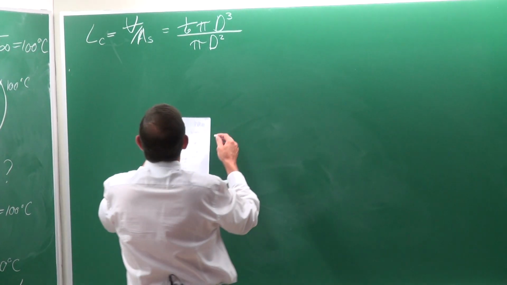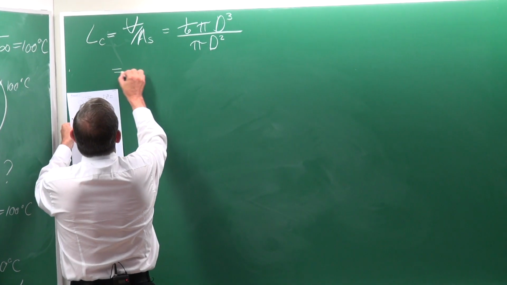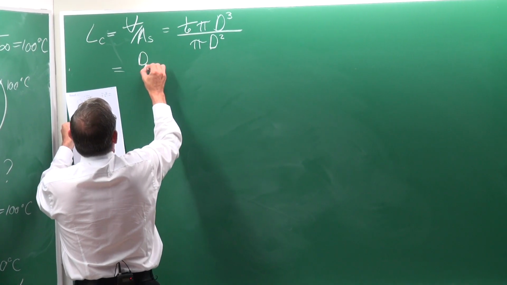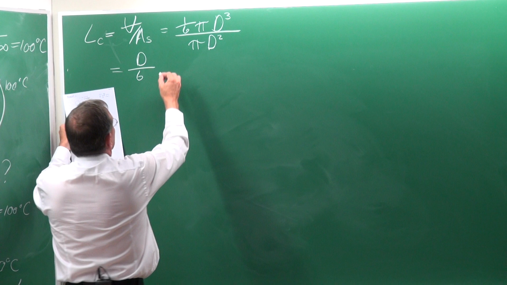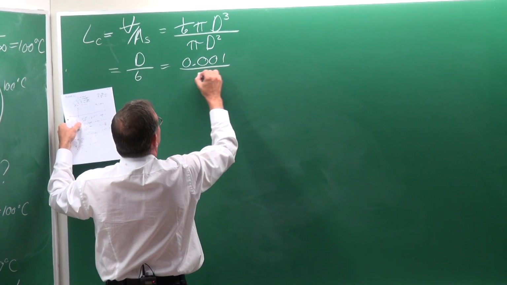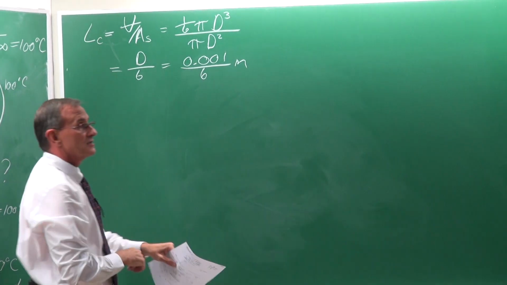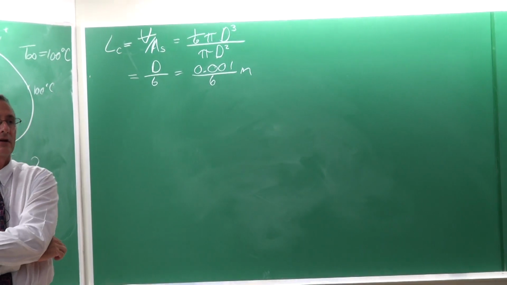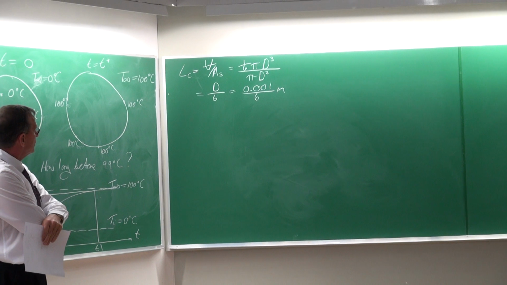So the characteristic length is equal to the diameter divided by 6. The diameter is 0.001, divided by 6 meters. That is the characteristic length of the thermocouple junction.